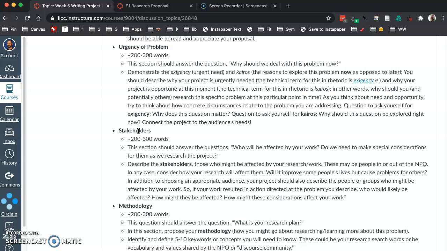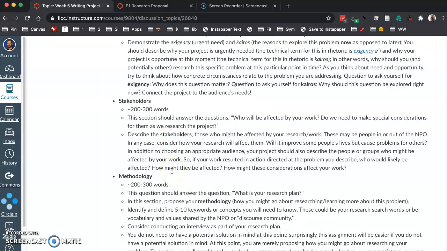So this is really an ethical thing, where you're saying, I am taking into account all the people who could be affected by this. And that doesn't mean you have to solve all of their problems. You could say, at this point, this is going to affect students, but I don't know how to address them right now, but I'm going to keep them in mind as I go forward with my research. That's all you have to say at this point.